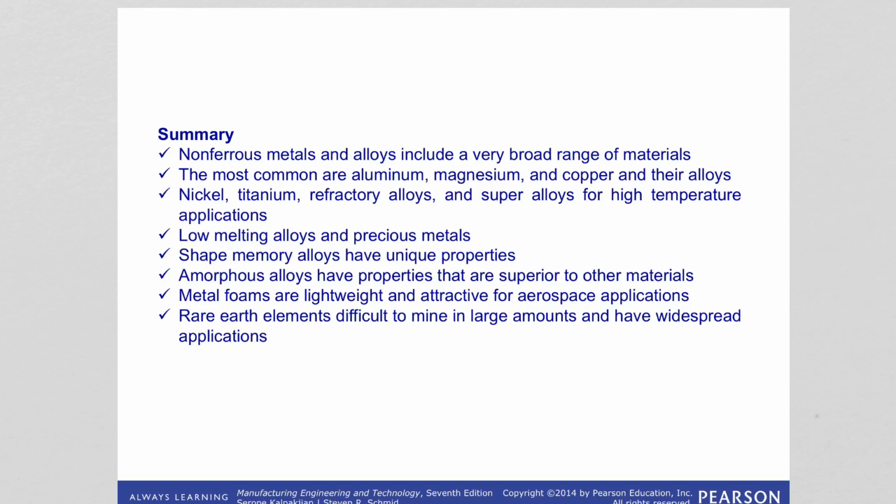So get a general idea of their application areas. Do not memorize specific application areas, but get a general idea of the application areas and properties, and understand which one is low strength, which materials are high strength. Understand which materials we are using at higher temperatures, which one we are using at low temperatures, and why, and the characteristics of each material in a general sense.